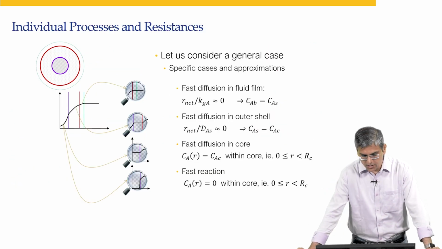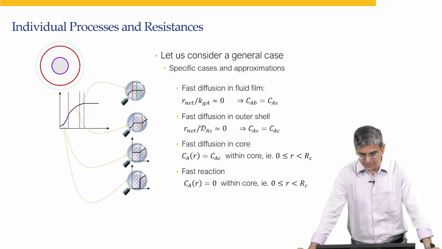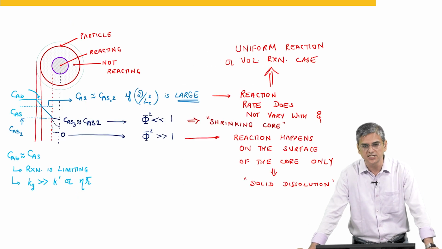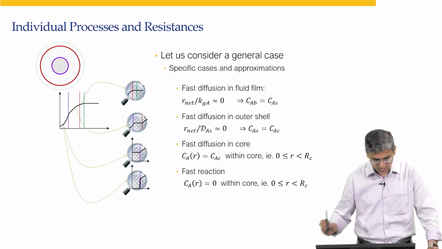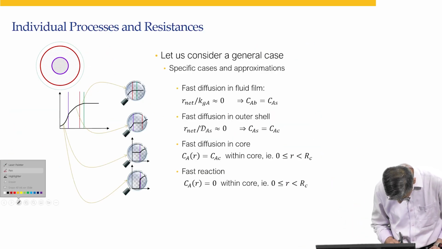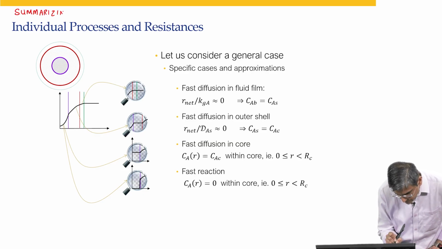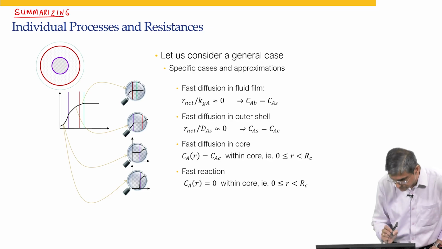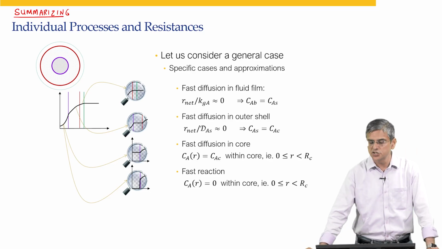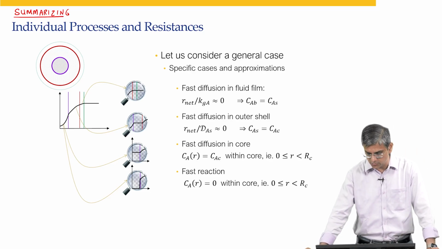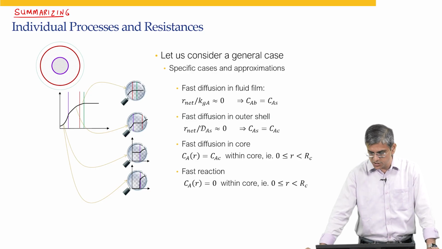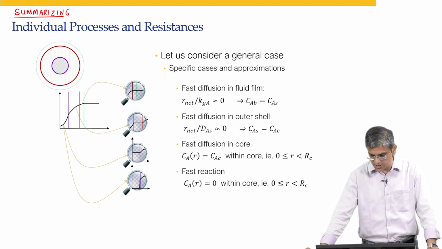The next slide again talks about these specific approximations that I talked about in the previous slide, summarizing the previous slide. Fast diffusion in the film: CAB is approximately equal to CAS. Fast diffusion in the outer shell: CAS is approximately equal to CAC.